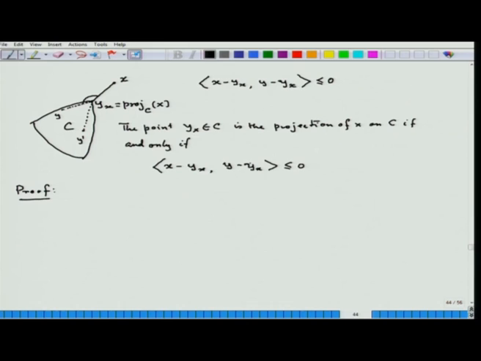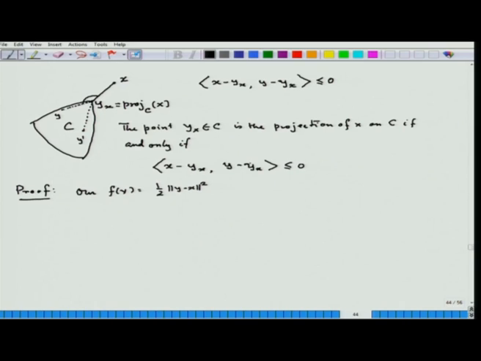How do we go about doing the proof of this fact? The proof is as follows. In our case, our f of y, of course, is dependent on x naturally.